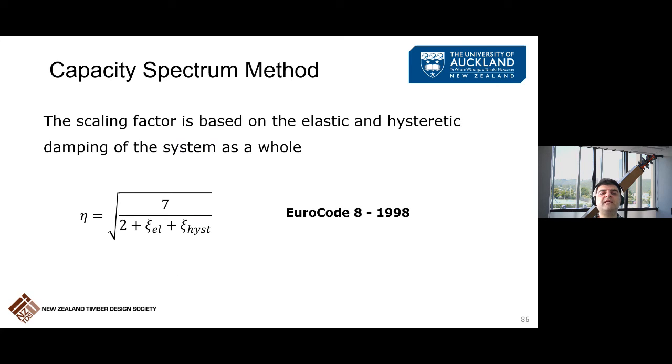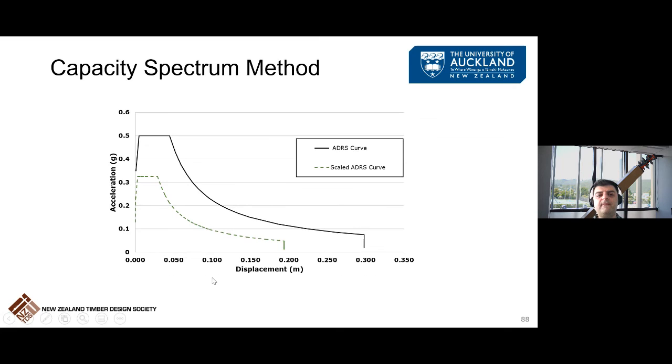The ADRS curve can be scaled down based on the damping we have in the system. The formula to scale it down, which is in Nigel Priestley's book and many other resources, is based on Eurocode 8, and it's this one, where hysteretic damping and elastic damping are used, to scale down the ULS ADRS.